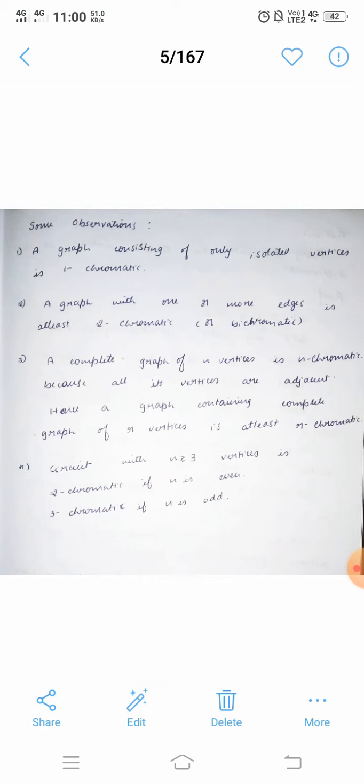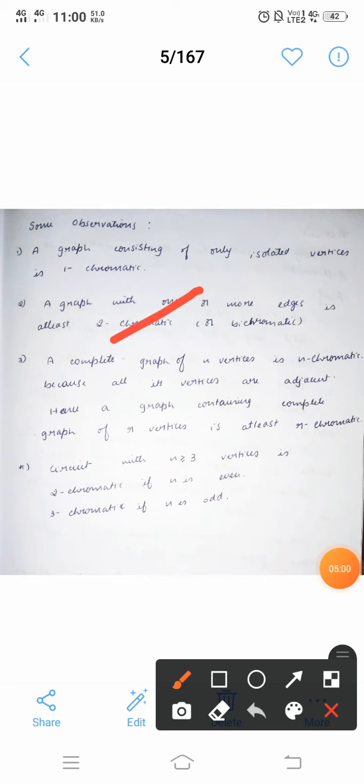Second observation, a graph with one or more edges is at least two chromatic. If I have one edge, then at least two colors I need because these two vertices are adjacent.